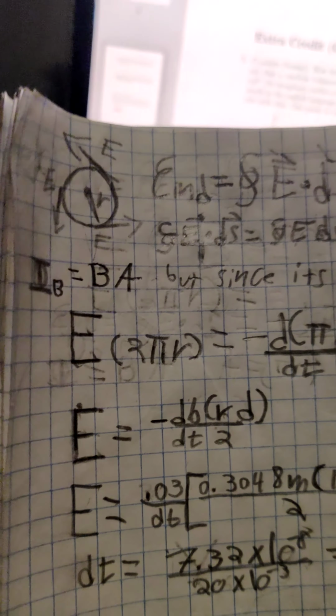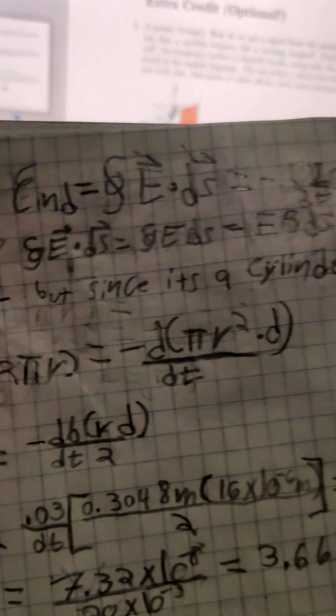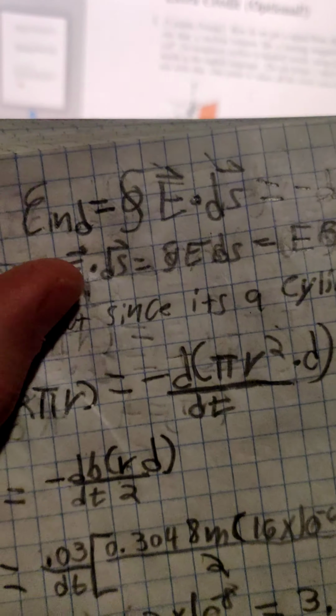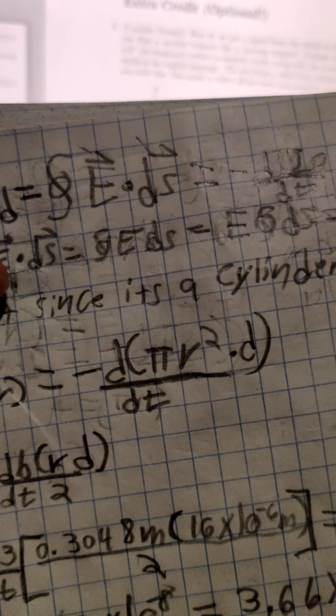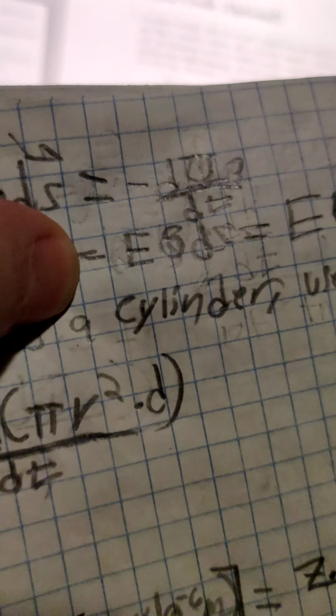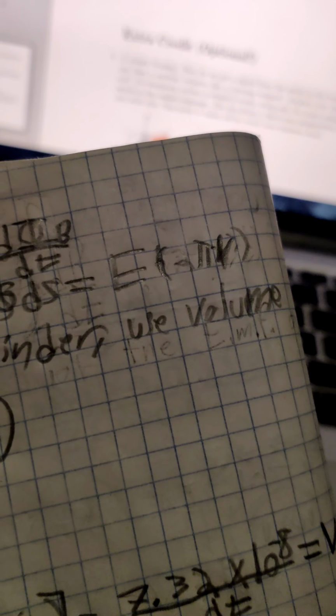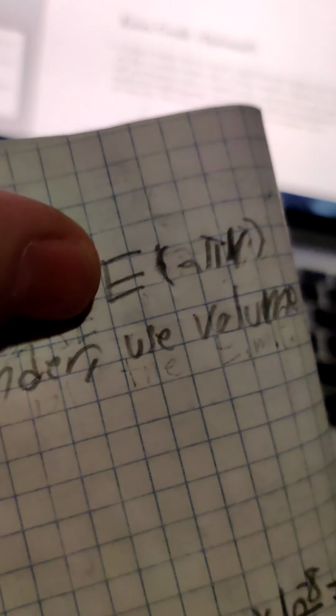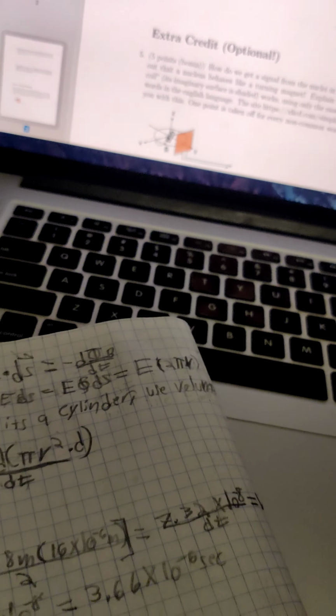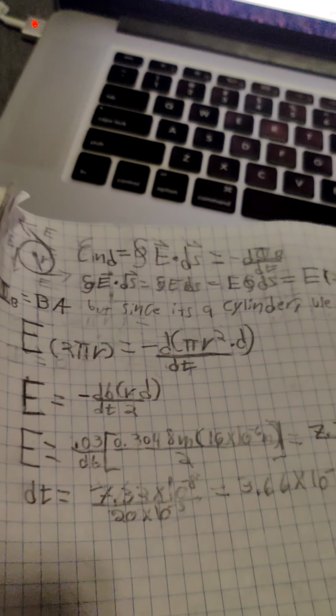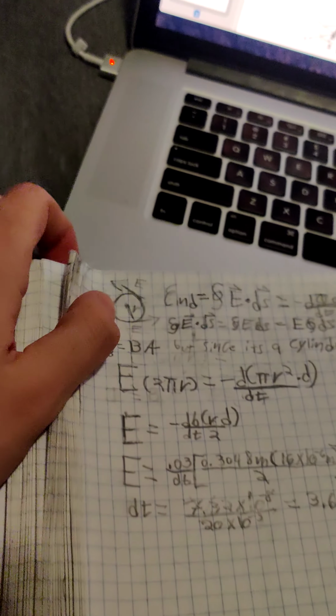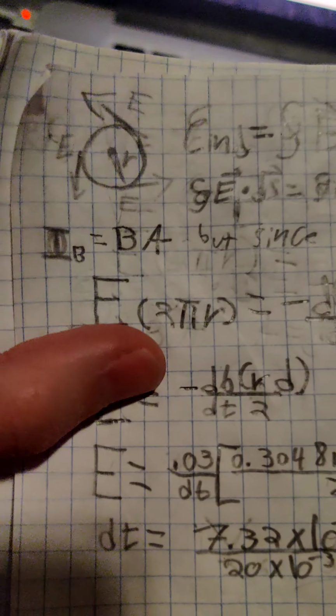So, with some manipulation, I was able to get rid of the dot product here, then move the E out of the integrand right here, and so that's how I was able to get the electric field times the surface, which is a cylinder, so it's the circumference of the cylinder, which will be 2 pi r.